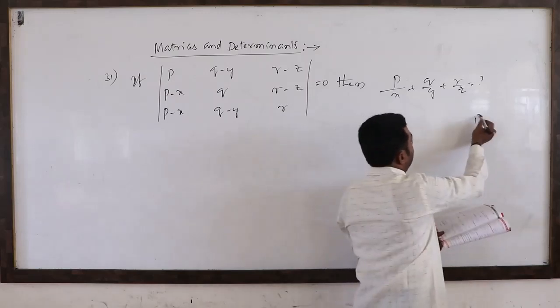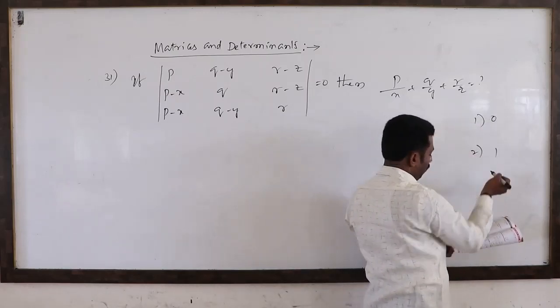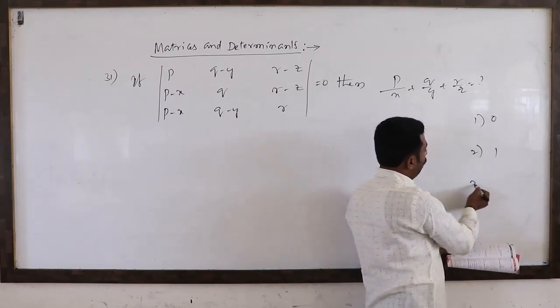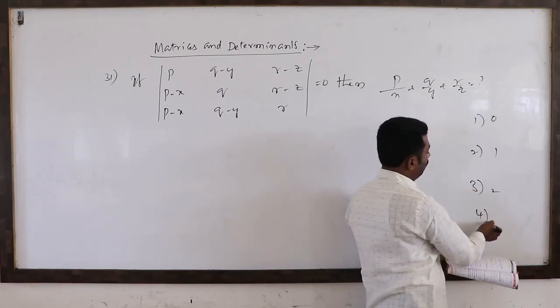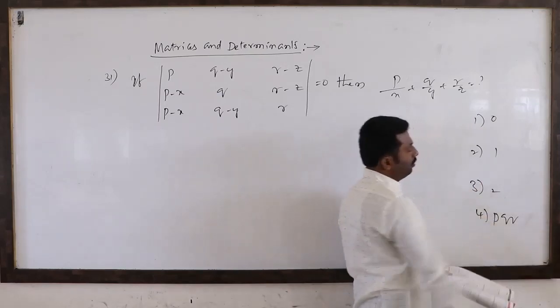Options: 0, 1, 2, fourth option P, Q, R.